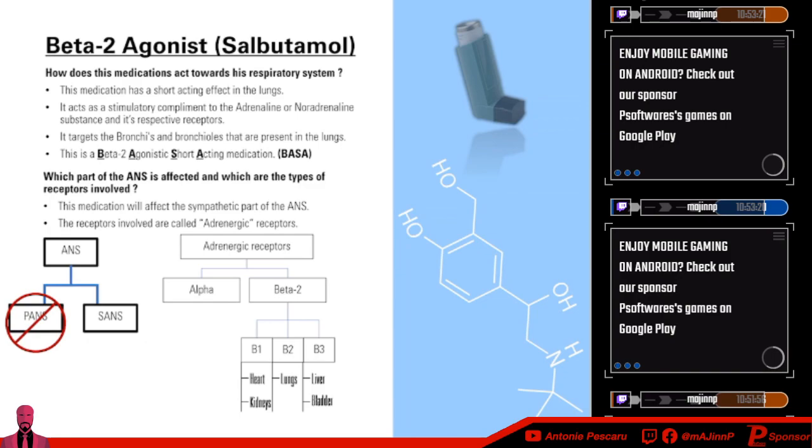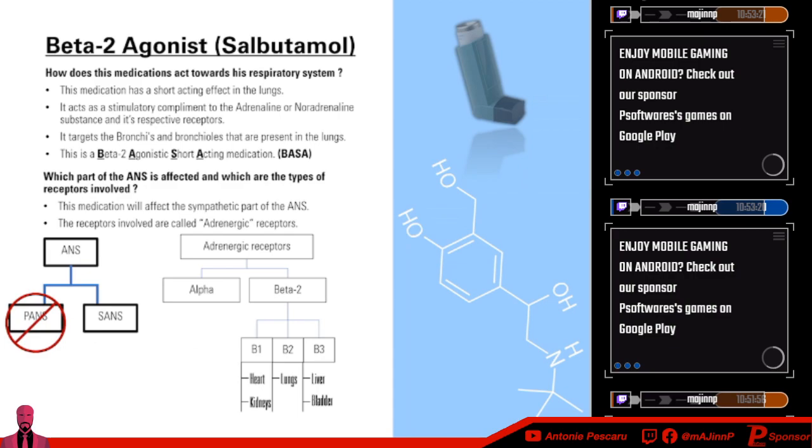But anyways, so the first pathway that the beta has innervates or stimulates or acts as a complement to the adrenaline and noradrenaline that's secreted in the beta-1 receptors that are present in the heart and the kidneys. That's where you're going to find mostly beta-1.